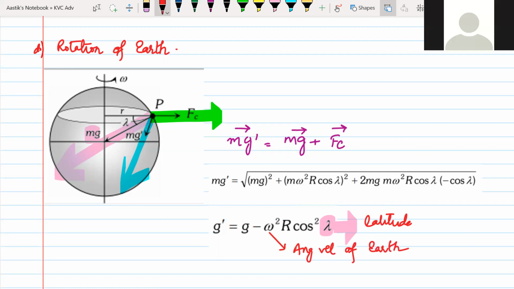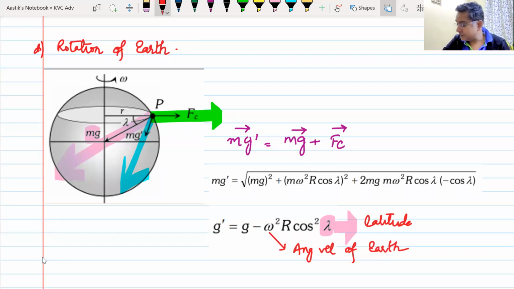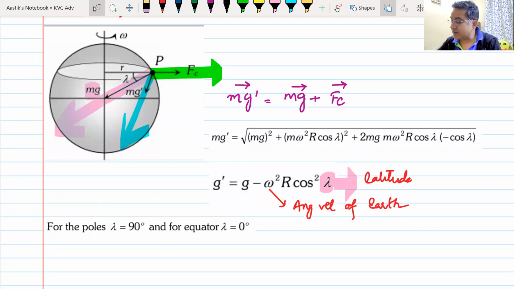Since lambda is your latitude, on the poles the latitude becomes 90 degrees, and on the equator the latitude becomes 0 degrees. So because of rotation of Earth also, g varies, and because of this factor also, g is less on the equator and more on the poles. Do we understand this? Yes, sir.